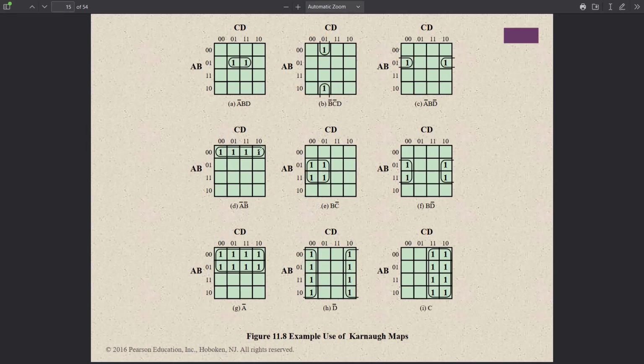So this is another example. You can group these four into a single group, and these four also. And since the first column and the last column are adjacent, you can group like this. So these four ones are in a single group.